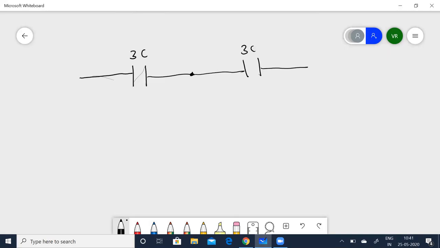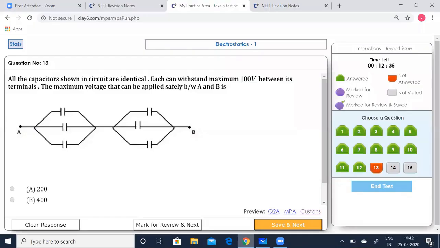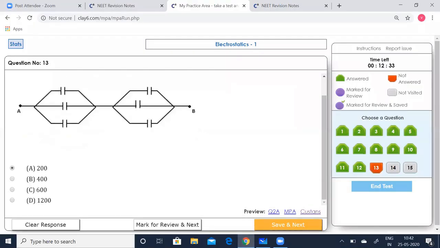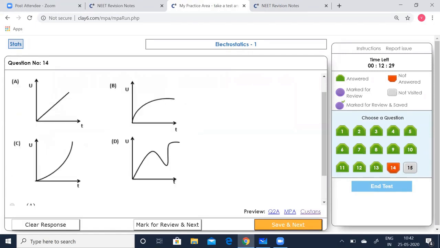Between the points, it is going to be 100 and this is going to be 100. So it's 100 plus 100, which is equal to 200 volts. So the correct option should be 200 volts. A is the correct one. Save that, go to the next.